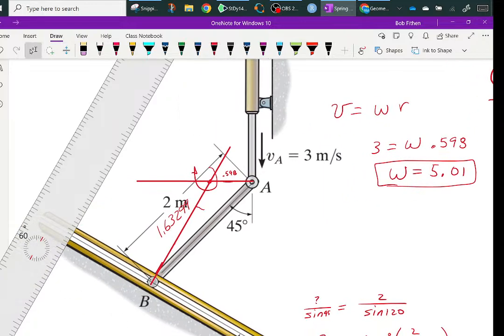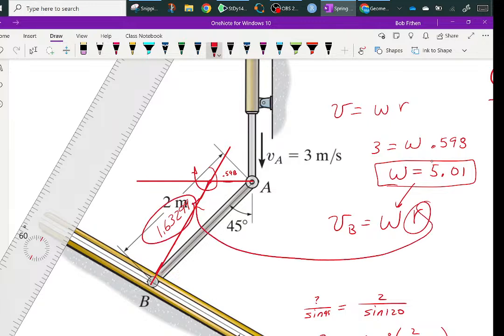So that's the omega. Now, if you want to know the velocity of B, it's basically the same omega times the R, now this R, the distance from this instant center back out to the point where you're interested in the velocity.